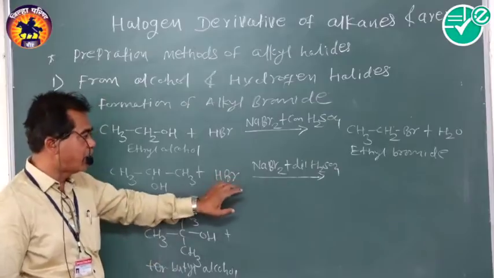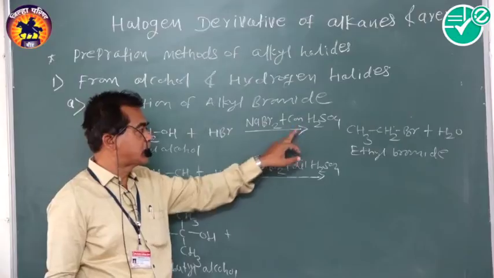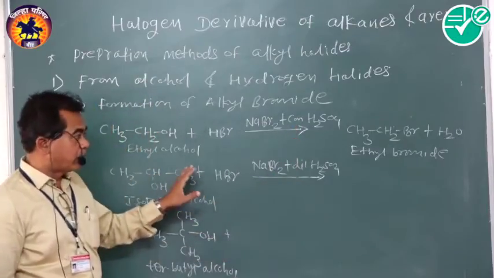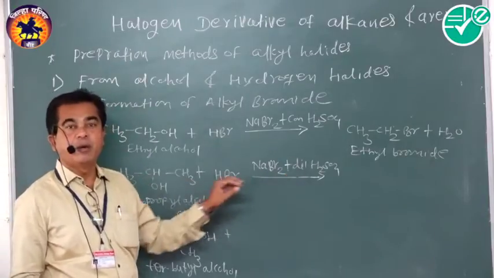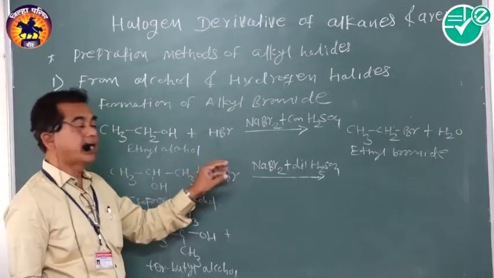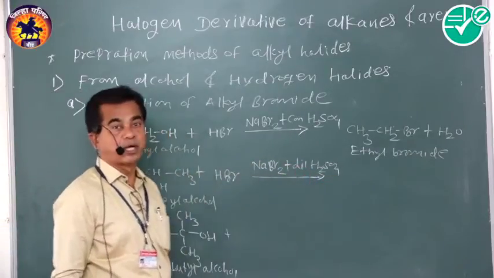Very important thing, because if instead of dilute sulfuric acid we use concentrated sulfuric acid, then the secondary alcohol does not convert into the secondary alkyl halide, but an elimination reaction or dehydration reaction takes place to give the alkene as a product.